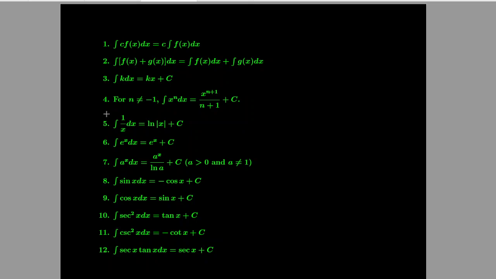We have a separate formula to handle that case. So you have a formula for computing the indefinite integral of any power function when n is not equal to -1.